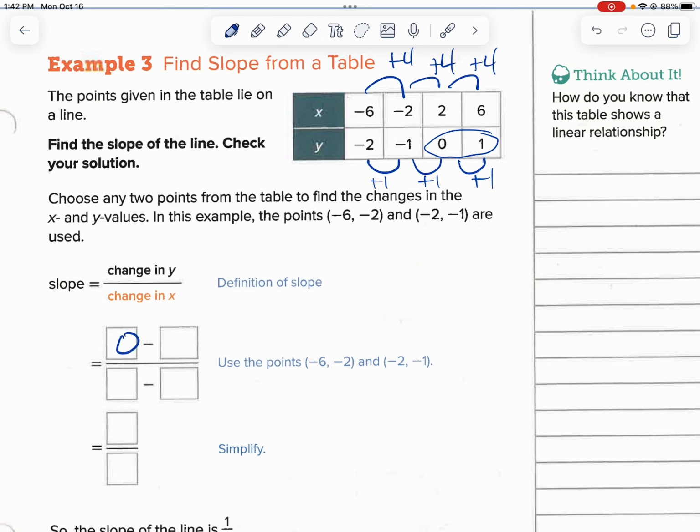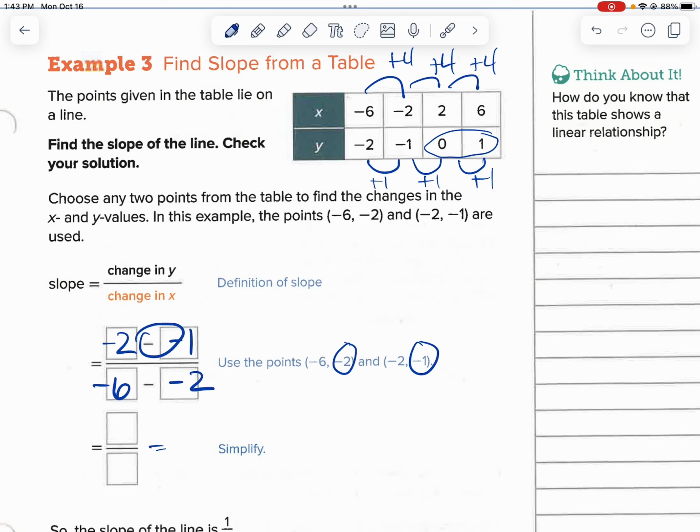So 0 minus 1, 2 minus 6. That would get me negative 1 over negative 4, which is 1/4. Now, if we use the points that they said to use, will I come out with the same amount? If I use these two, negative 2 minus negative 1, negative 6 minus negative 2.